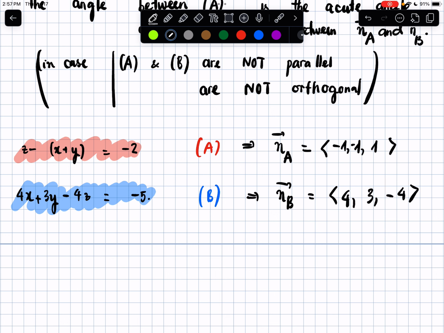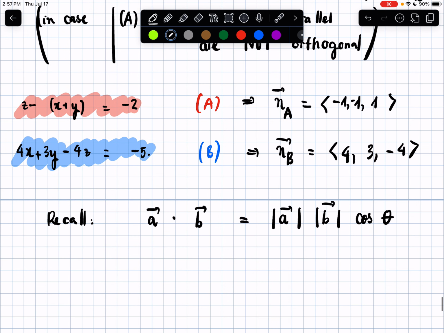And recall that A dot B is the length of A times the length of B times the cosine of the angle between them, theta. So cosine theta is A dot B divided by the length of A times the length of B.